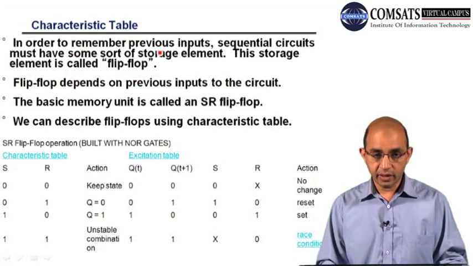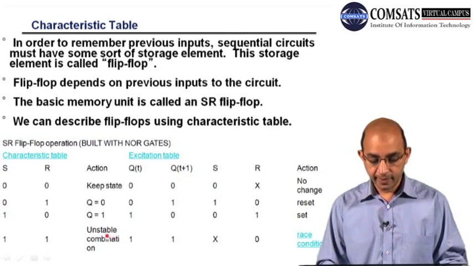Here I just want to mention the characteristic table. You can see we have the characteristic table over here, and these are the values, S and R, with 0 0 and the different possible values, 0 1, 1 0, 1 1. And then we have the action, the current state, and the next state.